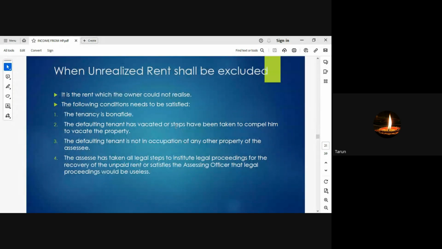Next, what items need to be excluded from unrealized rent? These are the items which you need not include while calculating the unrealized rent.